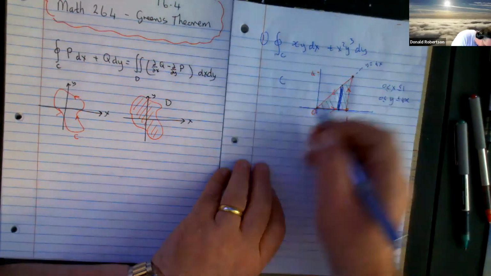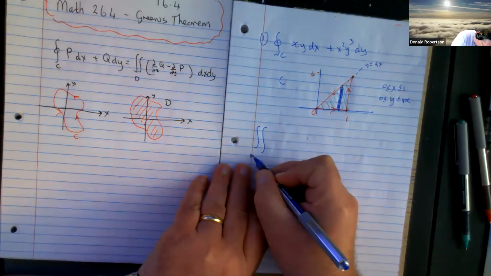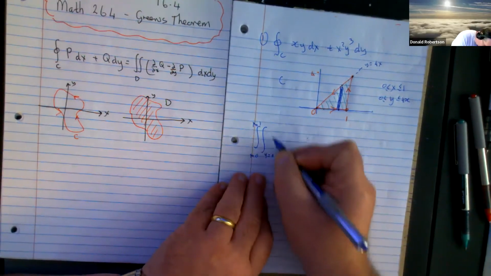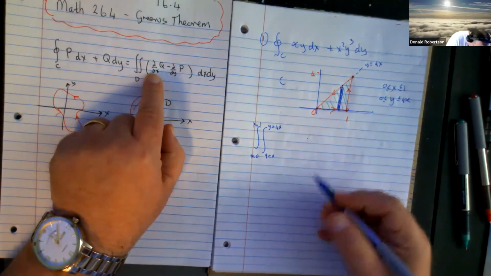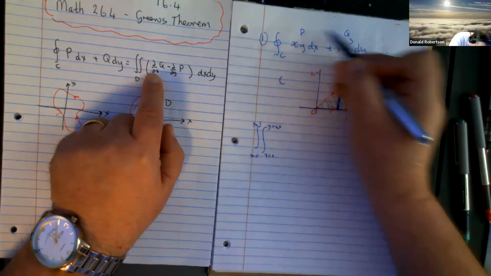Now, each of these bits is going to get changed. Let's see what we have. We're going to have a double integral from x equals 0 to x equals 1, from y equals 0 to y equals 4x. Differentiate this guy, because that's basically q and this guy's p.